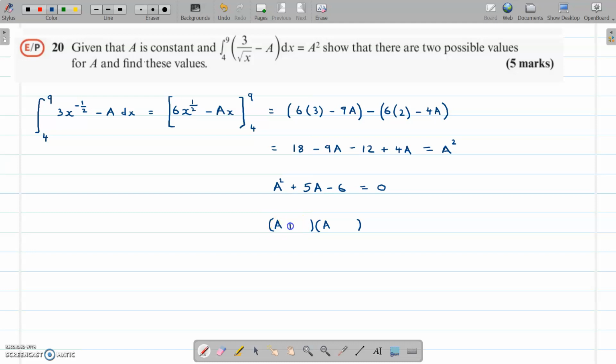So it's going to be a plus 6 and a minus 1 equals 0. And the resulting solutions, therefore, are that a equals negative 6, or a equals 1. Okay, and that concludes that question.